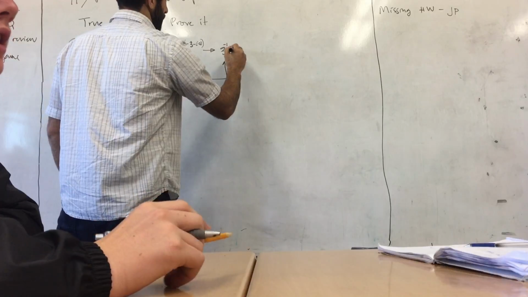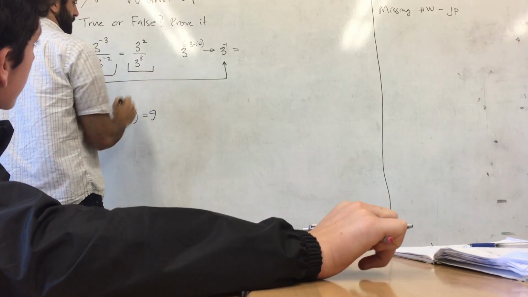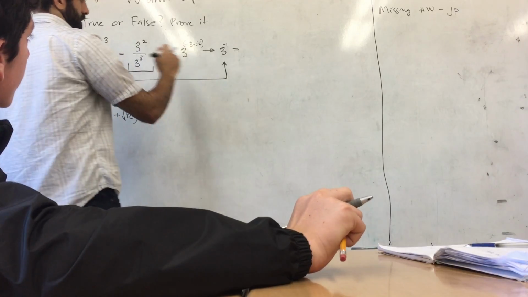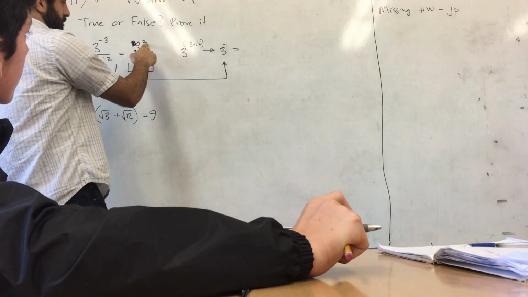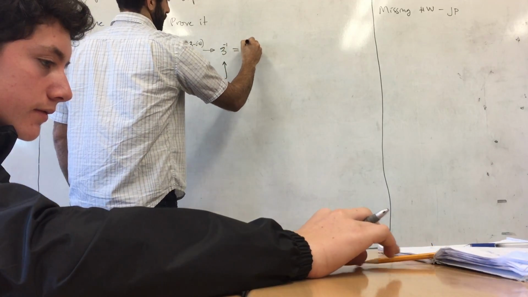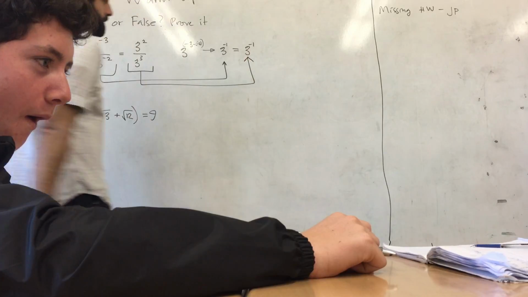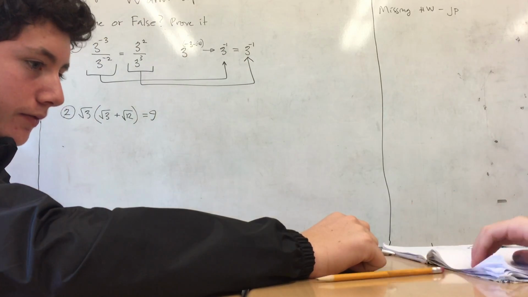Also 3 to the negative... What's this one going to be? 3 to -1. 2 minus 3, right? -1. Would be 3 to the -1. So it is true. It is true.